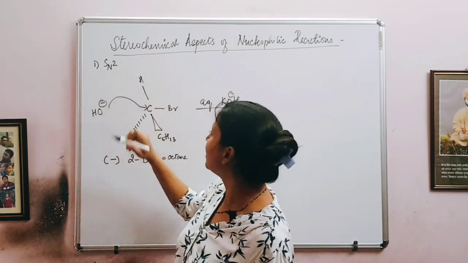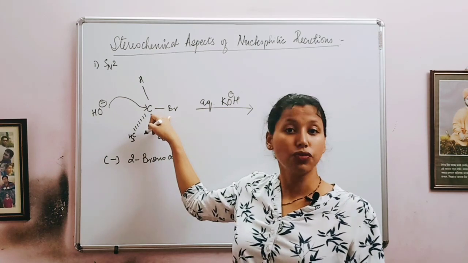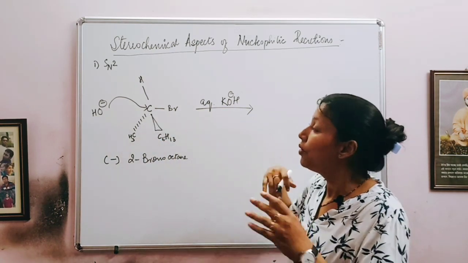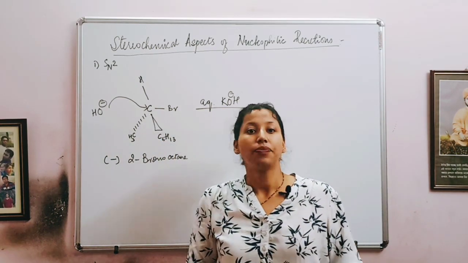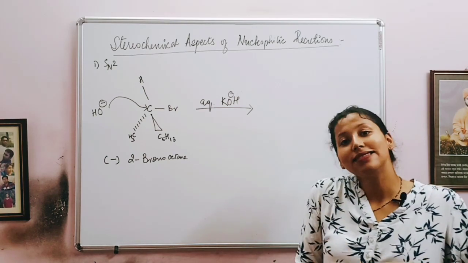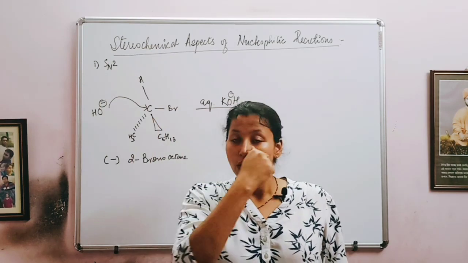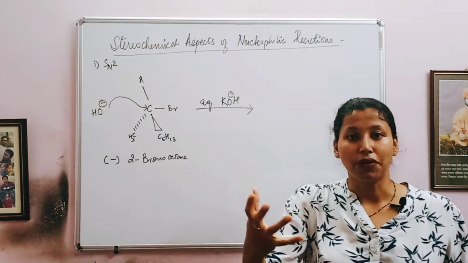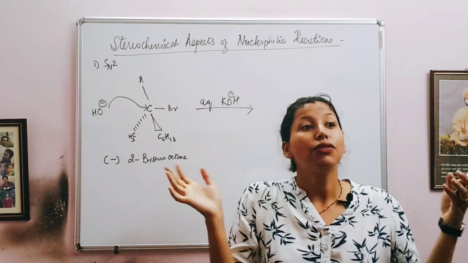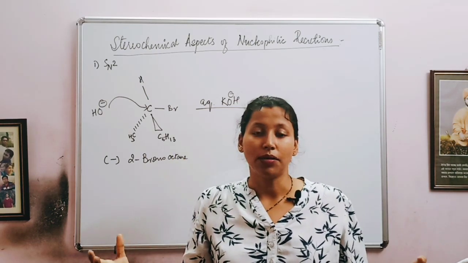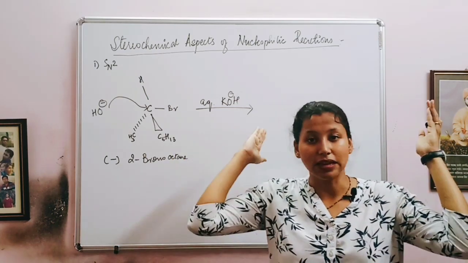So this will come and attack from the side which is opposite to the halogen. Now when this attack takes place, the molecule gets inverted just like an inverted umbrella. When you walk out on a very windy day with an umbrella, your umbrella goes upside down.